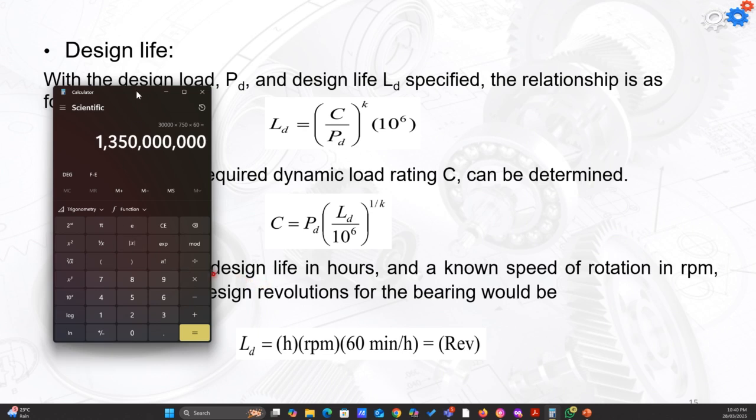That's it. Now, if I would like to do the calculation for this ratio, it's going to be 1,350 up to power 0.334, and then multiplied by the PD value of 3,333 Newton.